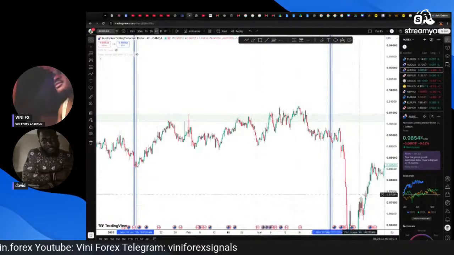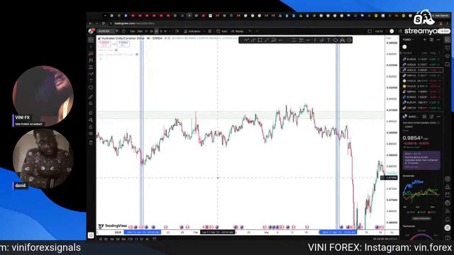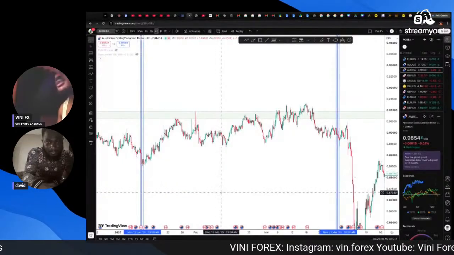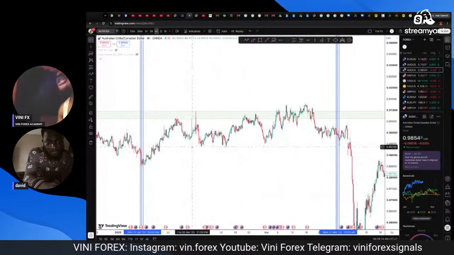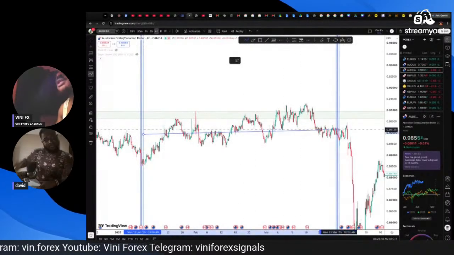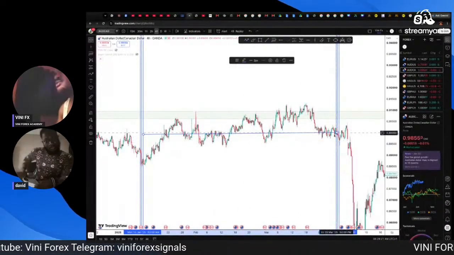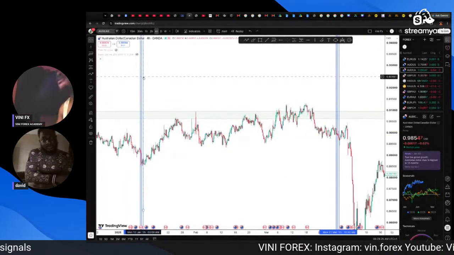It is an uptrend. Are you seeing my screen? Yes, sir. So between the two blue lines, is it a downtrend or an uptrend? From this point to this point, it is an uptrend.